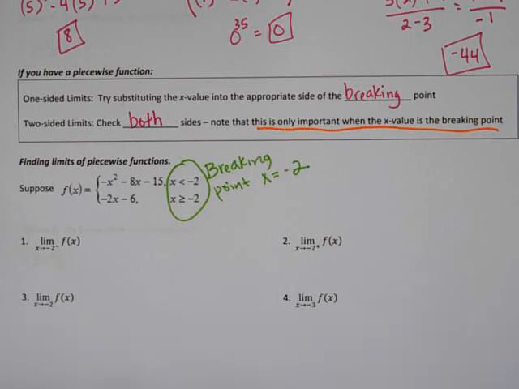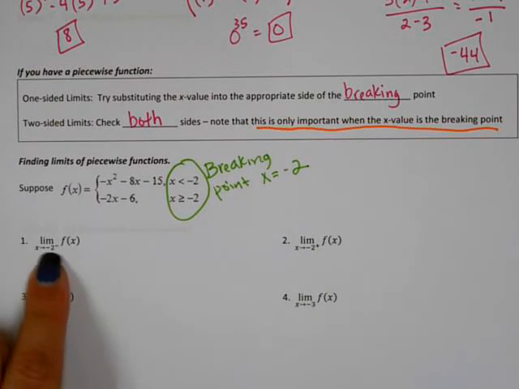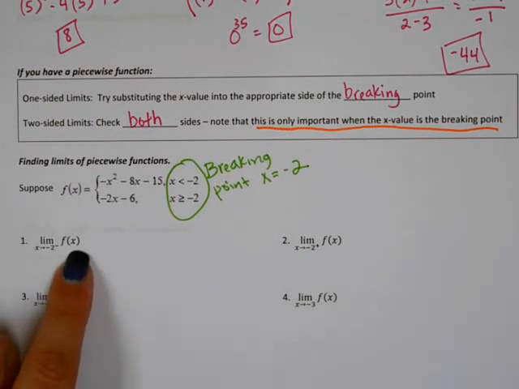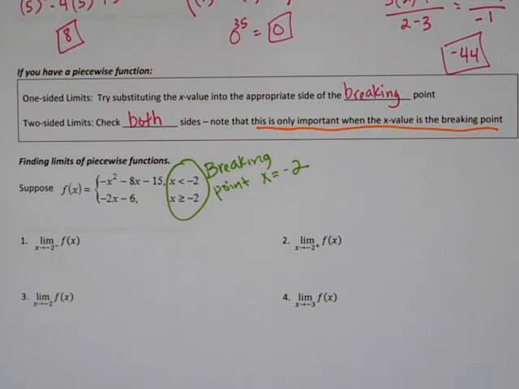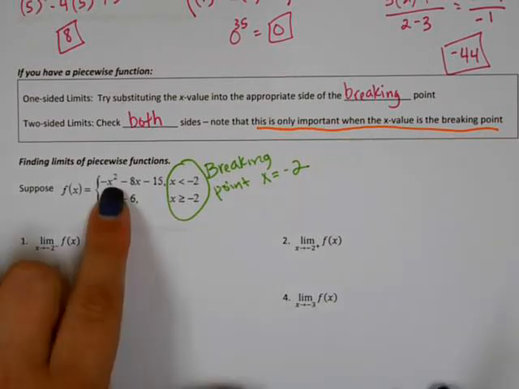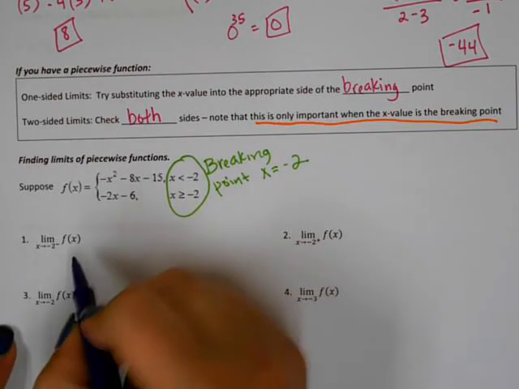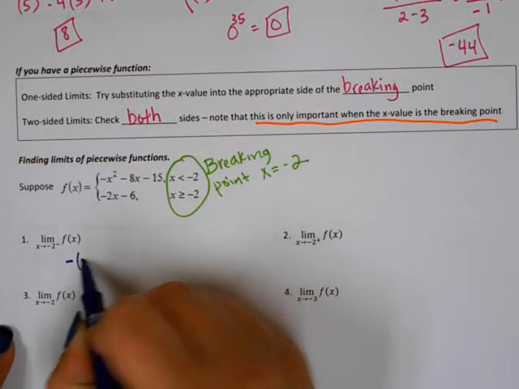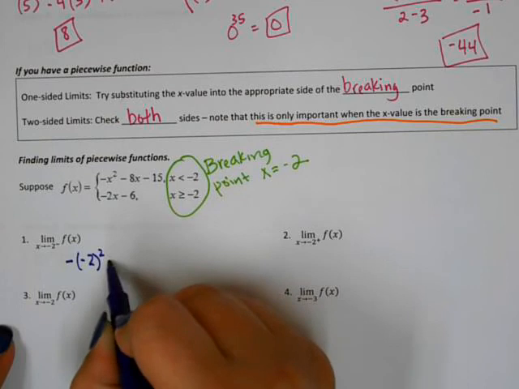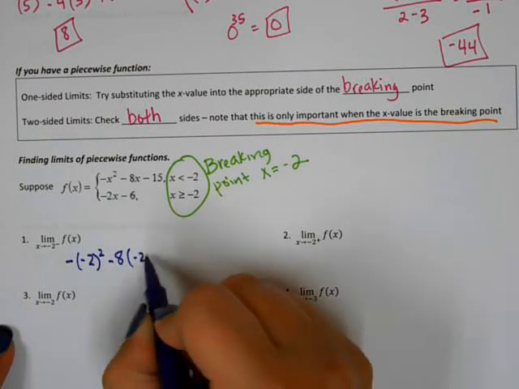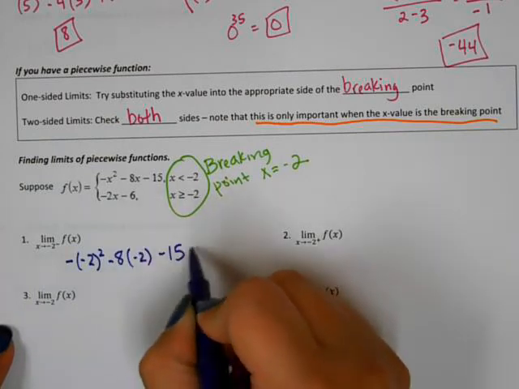Let's start with the limit as x approaches negative 2 from the left of f of x. If I'm approaching negative 2 from the left, then I want to be less than negative 2, so I'm going to be looking at the first part of this function. So negative 2 squared minus 8 times negative 2 minus 15.